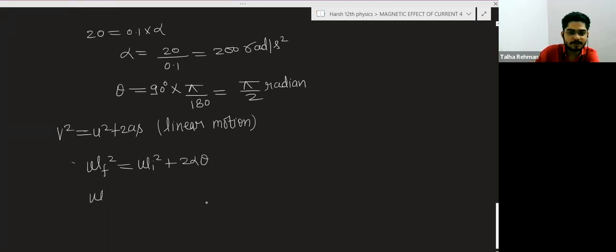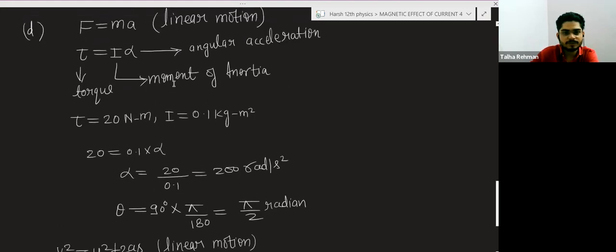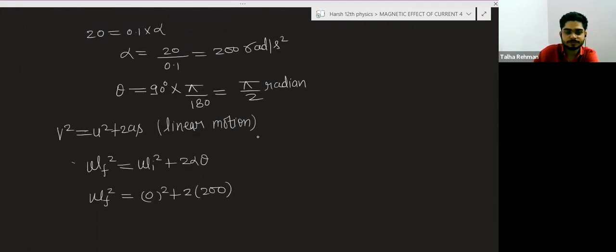So the final angular speed of the coil is what we want to calculate. Initial angular velocity is 0. 2, alpha is 200, just calculated the alpha, 200 radian per second square, and theta is pi by 2.